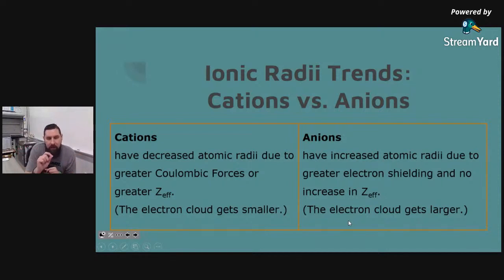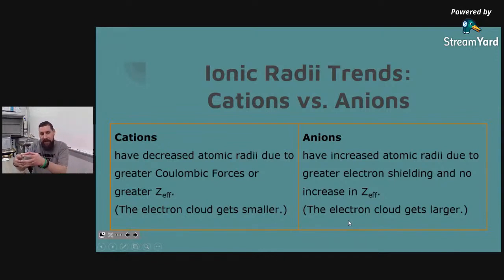Notice this is not a period trend or a group trend, because cations and anions, we first have to compare the ion to the neutral atom. Then, once we get the idea that cations, when I get a neutral atom that loses an electron and its radius decreases, then I can start comparing ions to ions within that group.